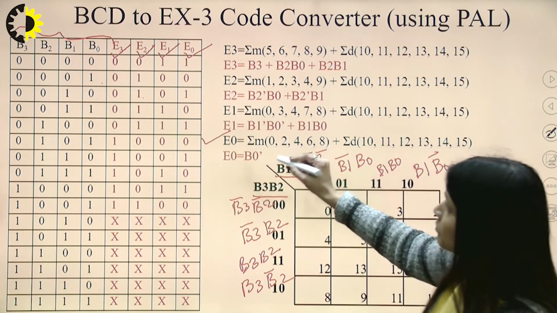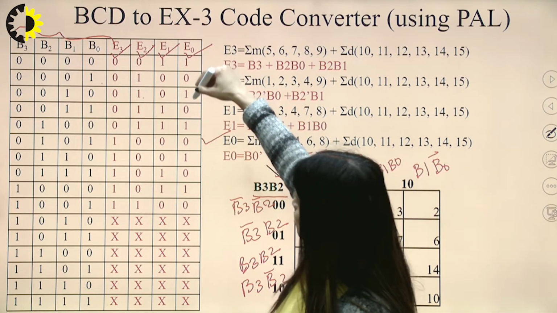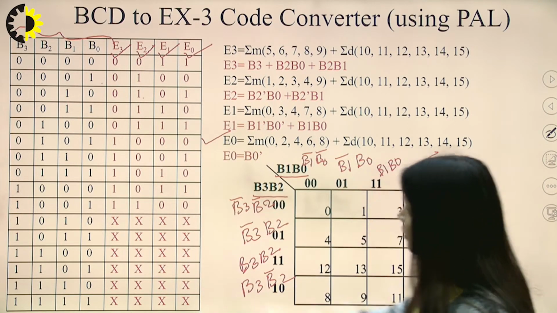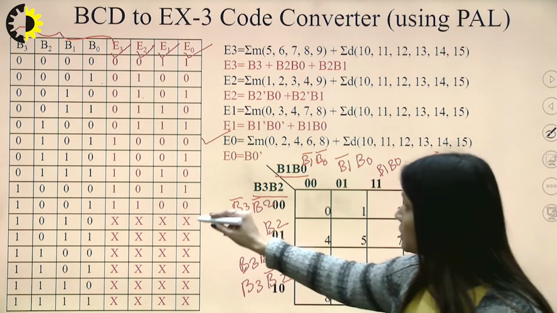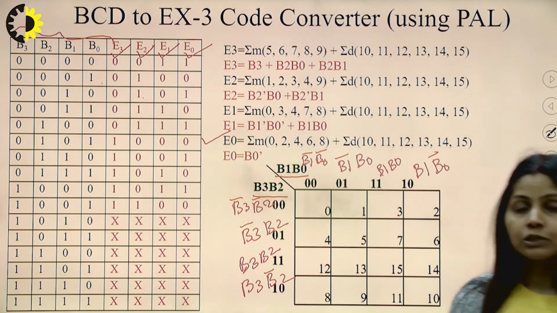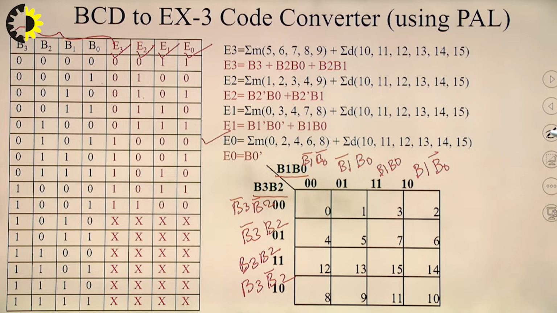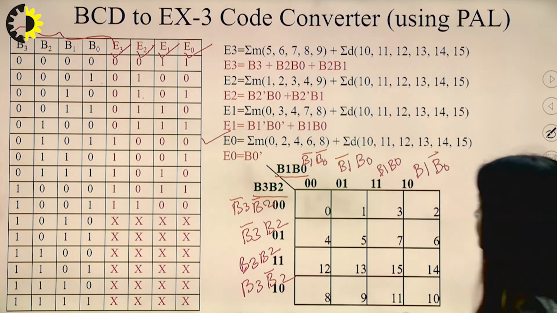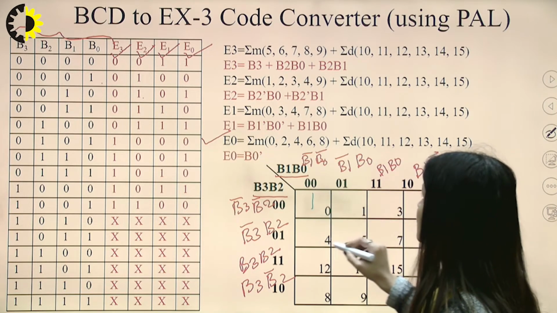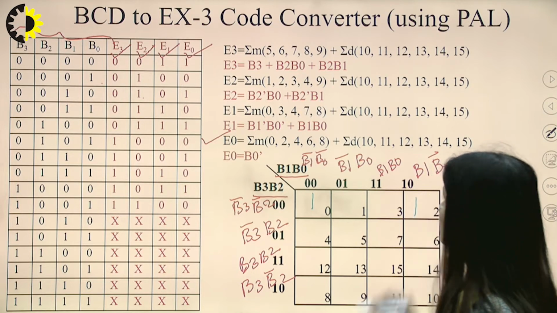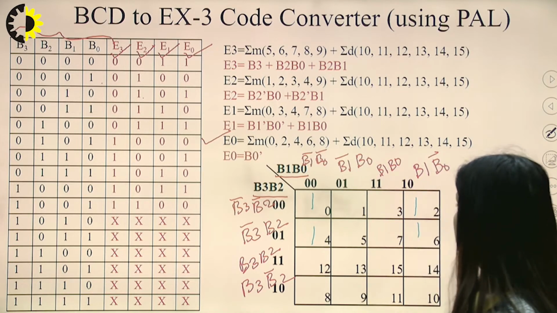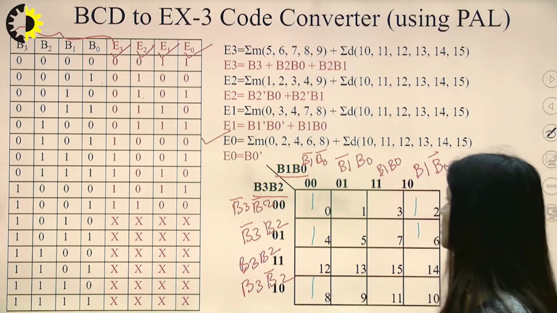Writing the min terms, E0 is 1 at 0, 2, 4, 6 and 8, and the crosses, the don't care conditions, are for 10, 11, 12, 13, 14, 15. So we fill in all our don't care conditions. Filling this: 0, 2, 4, 6 and 8.